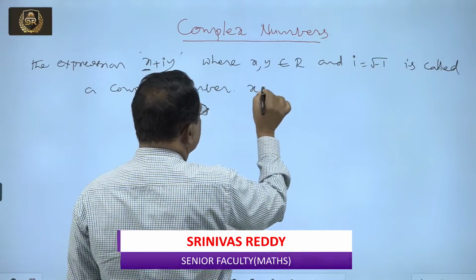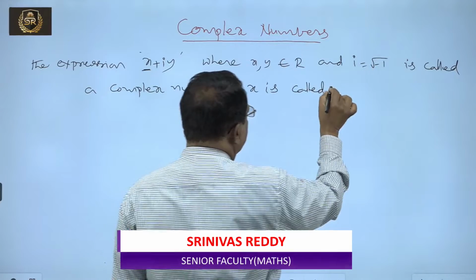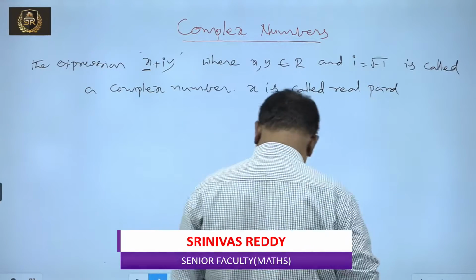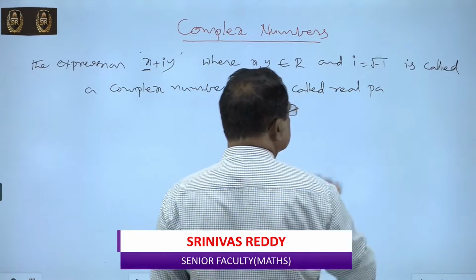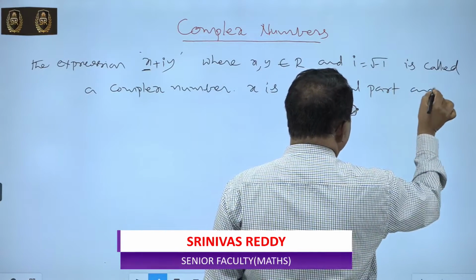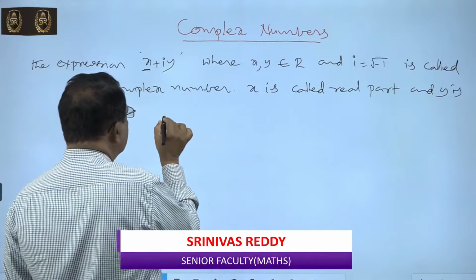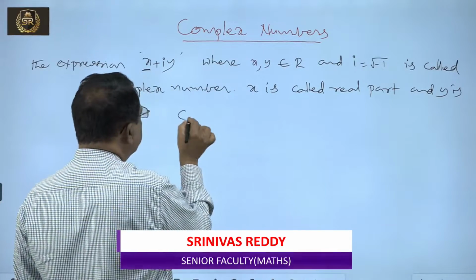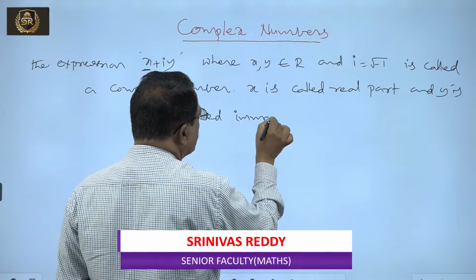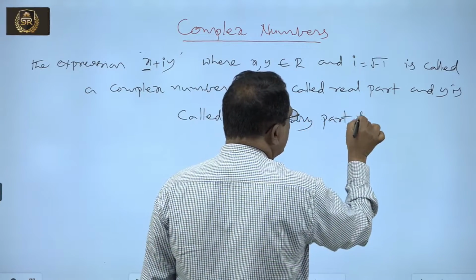In x plus iy, x is called the real part and y is called the imaginary part of the complex number.